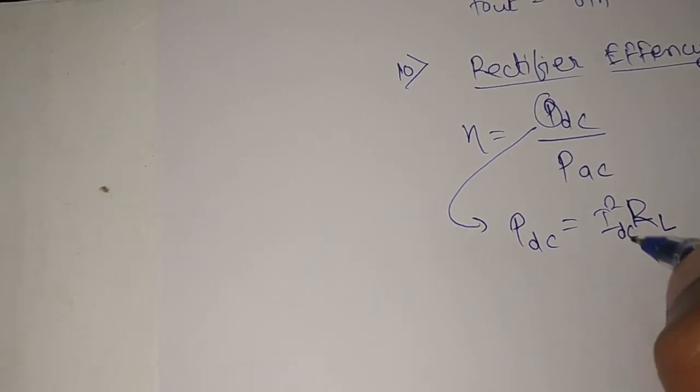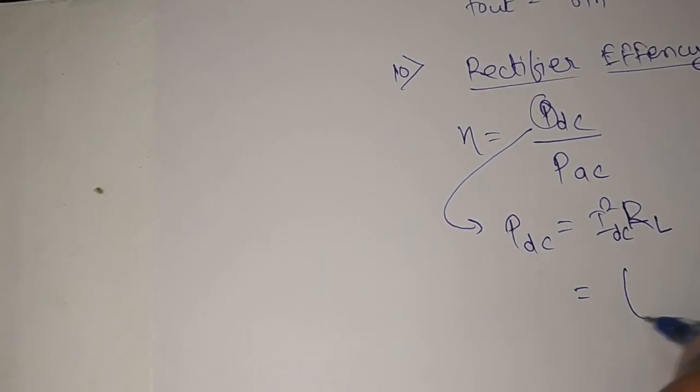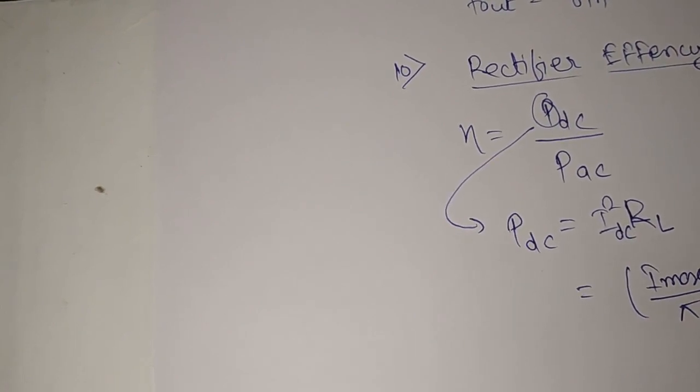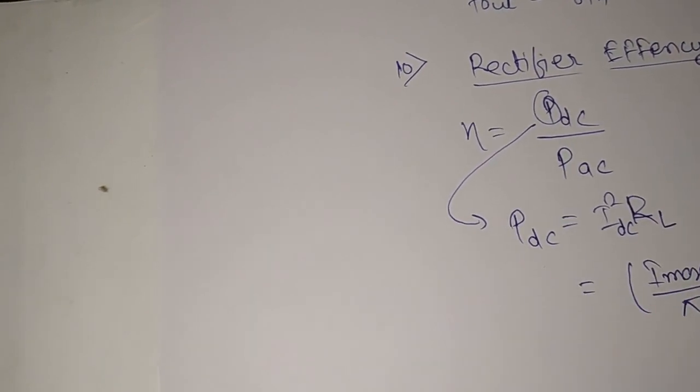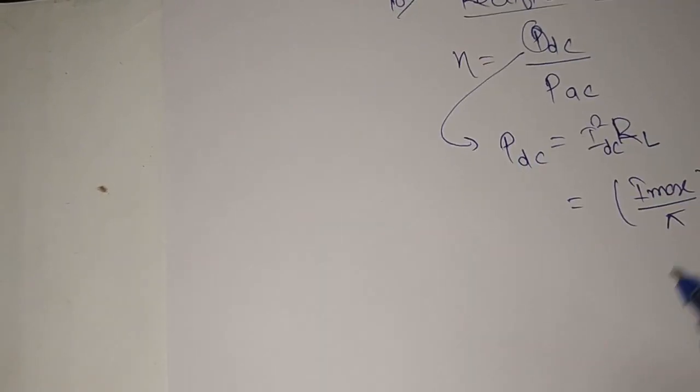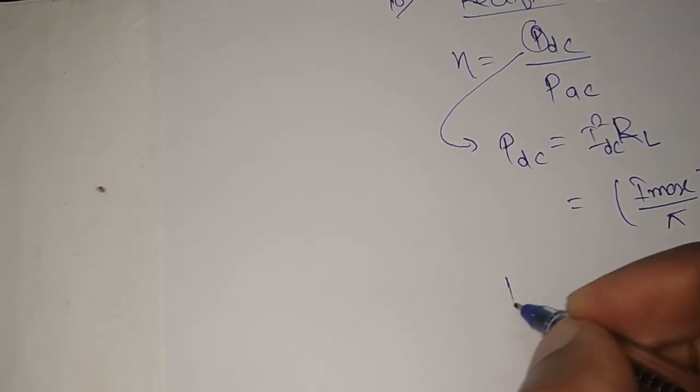Right. So in other terms we can write it as IDC and RMS relation we have. So we can write it as (Imax by pi) whole square into RL. So this is PDC. So PAC, similarly we can have PAC, that is input.